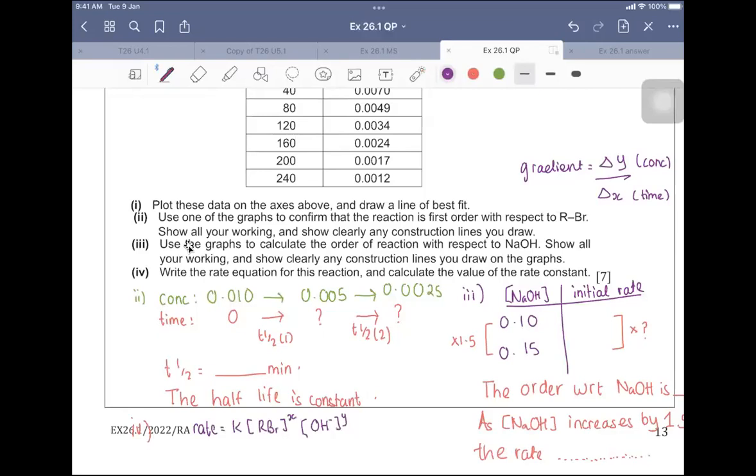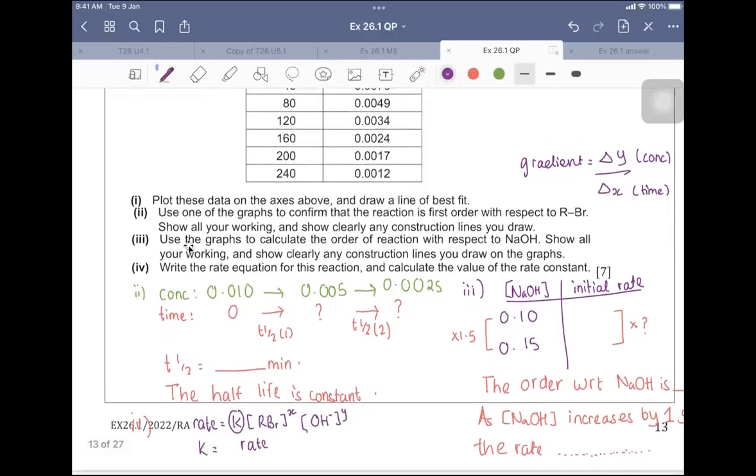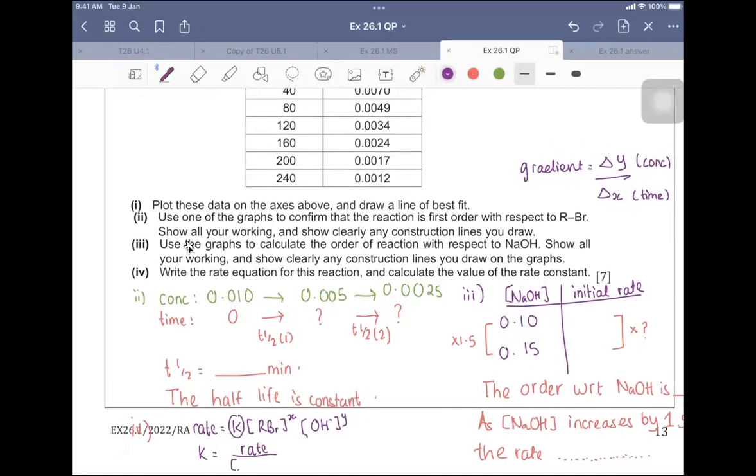But I can tell you that both of them appear in the rate equation. They want you to calculate the value of the rate constant. So that means k is equal to rate over the concentration of RBr to the power of X and hydroxide ions to the power of Y.